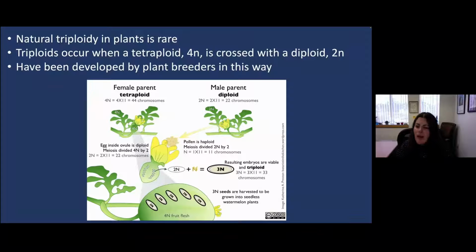And this is how we got seedless watermelon and seedless citrus and seedless hops, by plant breeders creating this cross by syncing up the diploid and the tetraploid, forcing them into flower, and sometimes hand pollinating or just facilitating pollination and all that. And this is showing an example with watermelon.